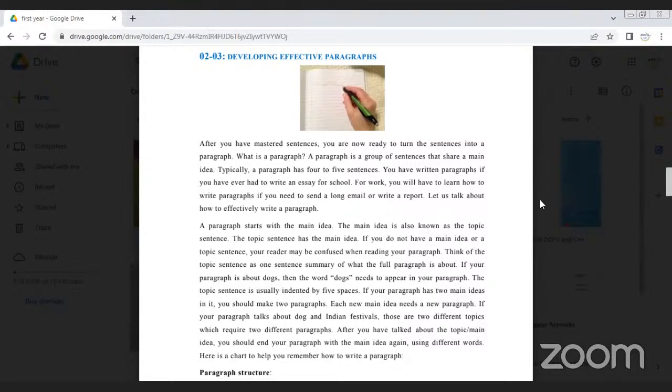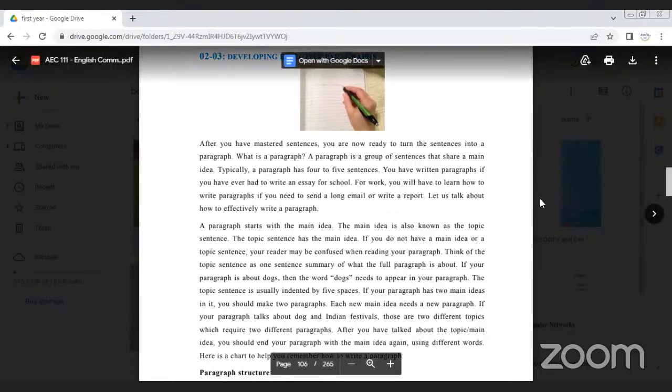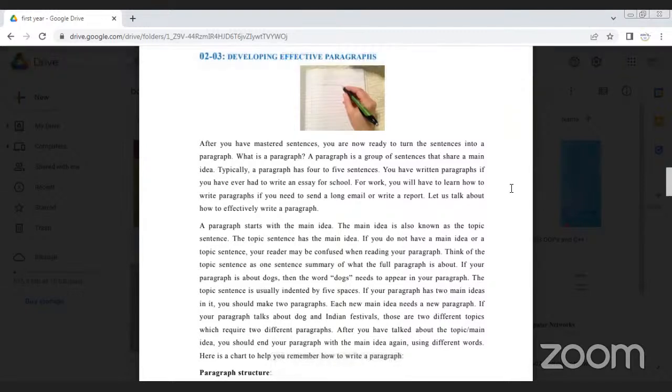Think of the topic sentence as a one sentence summary of what the full paragraph is about. If your paragraph is about dogs, then the word dogs needs to appear in your paragraph. The topic sentence is usually indented by 5 spaces. If your paragraph has 2 main ideas in it, you should make 2 paragraphs.